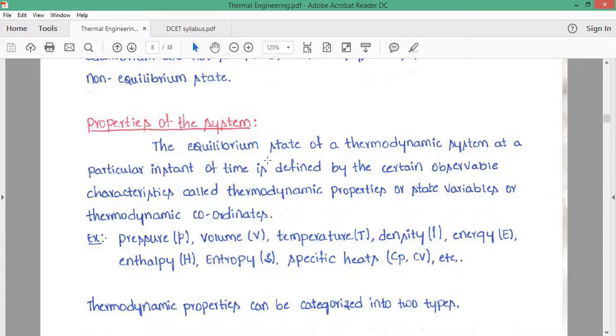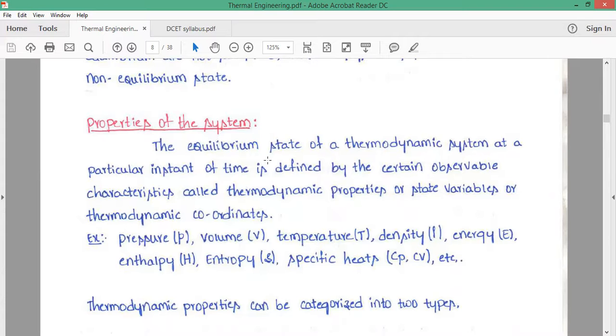Likewise, here the equilibrium state of the system can be defined by certain characteristics. Those characteristics are called the thermodynamic properties or the state variables or the thermodynamic coordinates. Example: pressure, volume, temperature, density, etc.